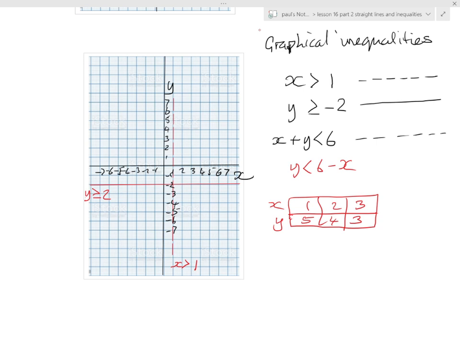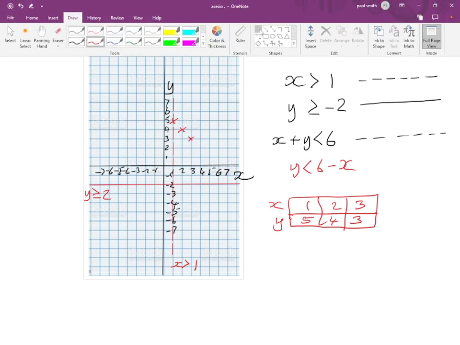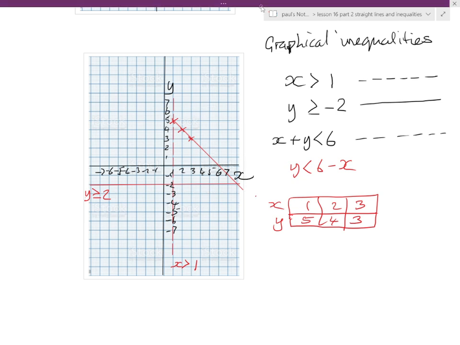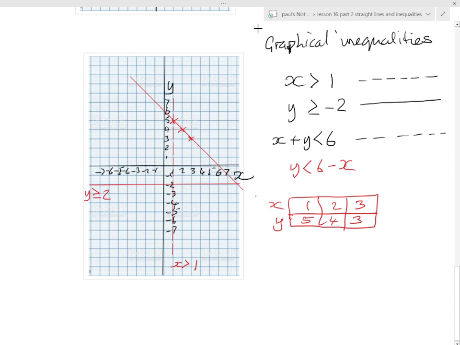So x is 1, y is 5, there. X is 2, y is 4, there. X is 3, y is 3, there. So we've got 3 points all in a straight row. So if we draw them like this, and we're going to go up the other way so I can label.